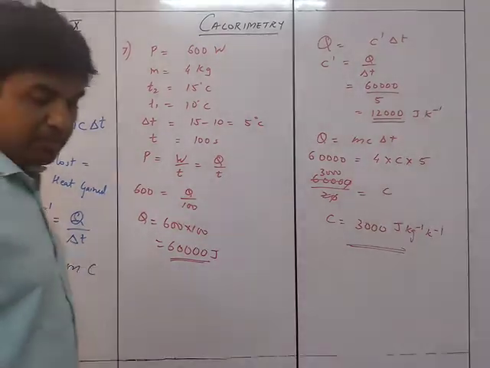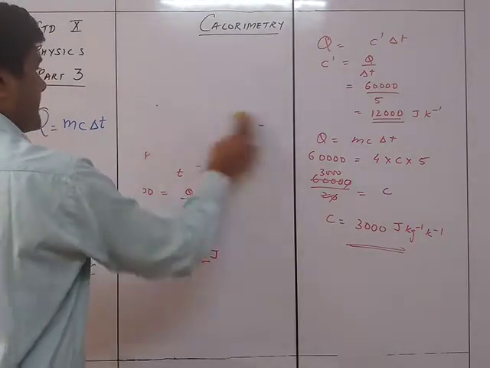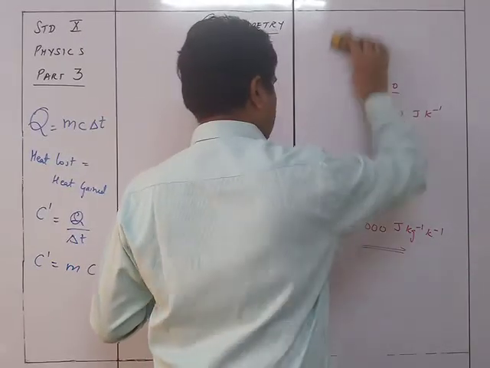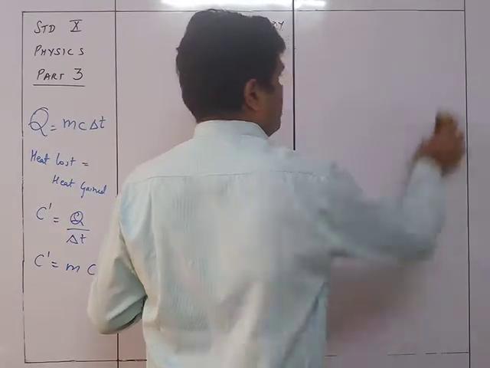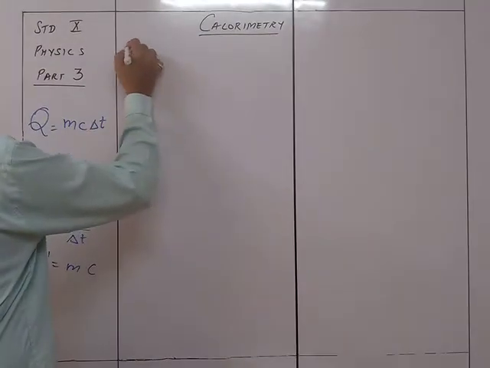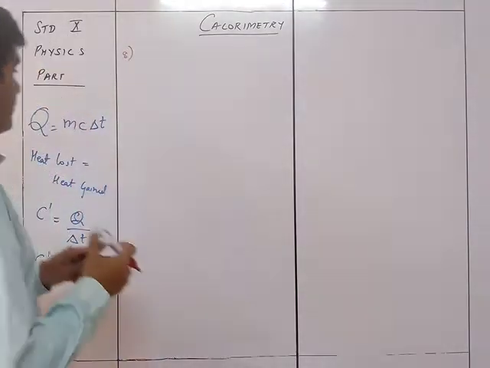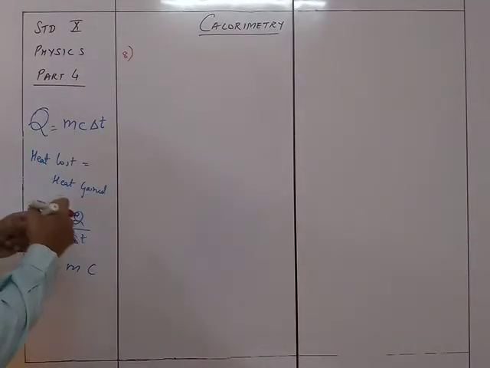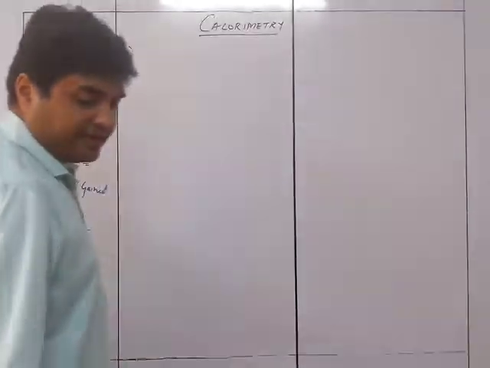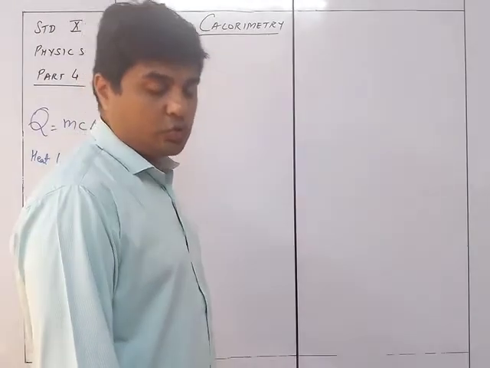We now move on to sum number 8. 0.5 kg of lemon squash at 30 degrees Celsius is placed in a refrigerator which can remove heat at the rate of 30 joule per second.